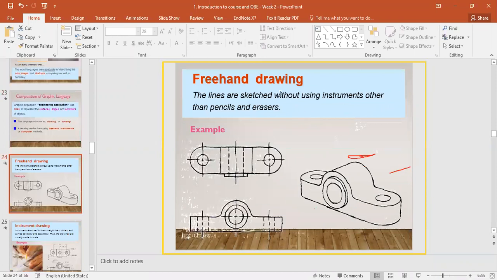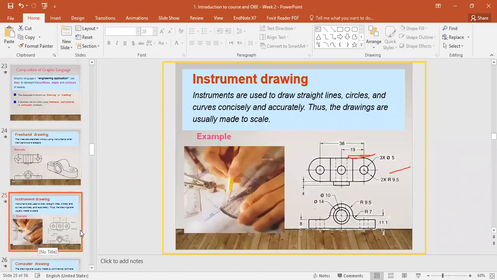So the first type is freehand drawing. These lines are sketched without instruments other than pencils and eraser. Means that you have to use pencils and erasers, but not any other drawing instrument. So this is a freehand sketching of this object. The next is instrumental drawing.